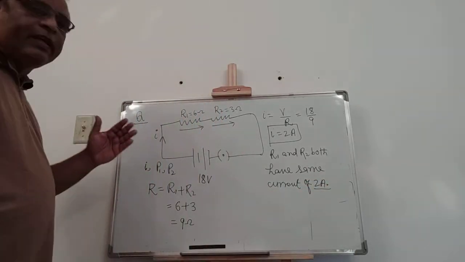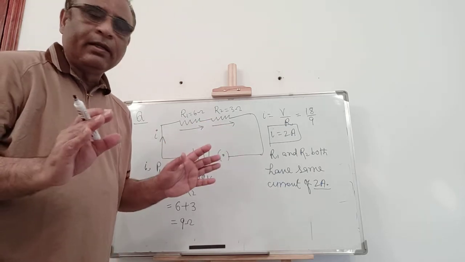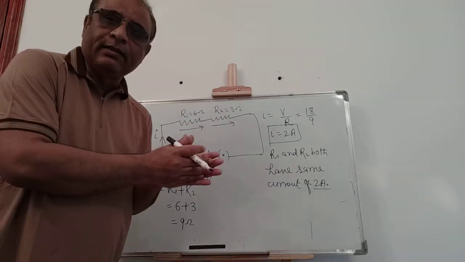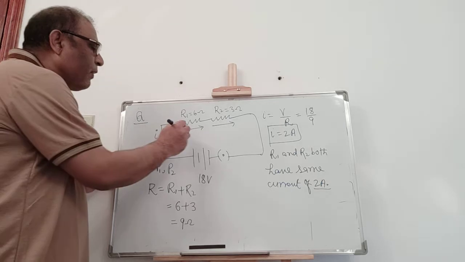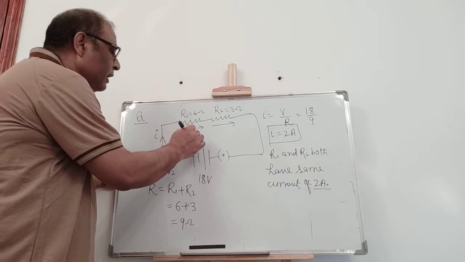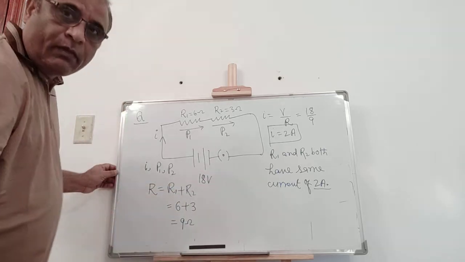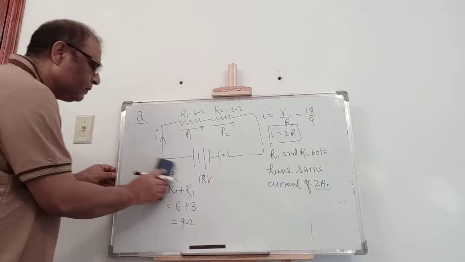Then one concept is very clear, that in series, whatever be the magnitude of a resistance, current will be the same. Now we are going to find out the power of R1 and the power of R2.